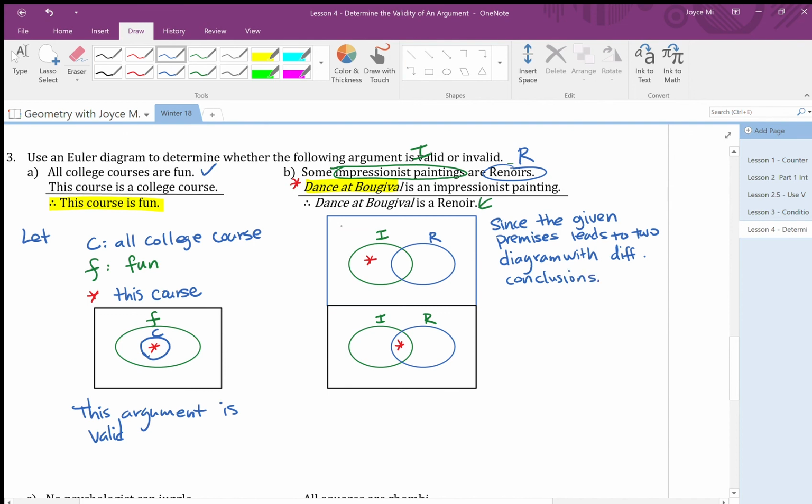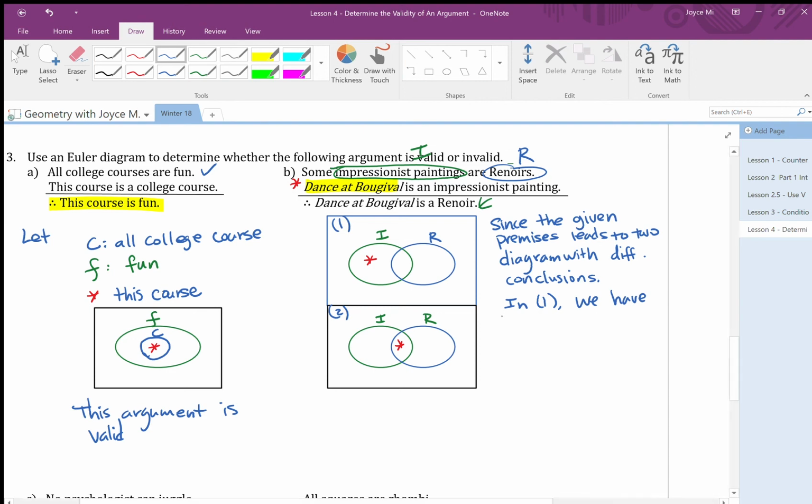And let's label this one 1. I'm gonna label this 2. So in 1, we have that Dance at Bougival is an Impressionist painting, but not Renoir.